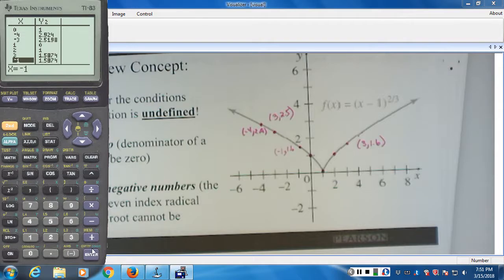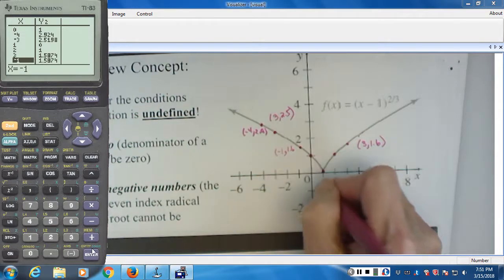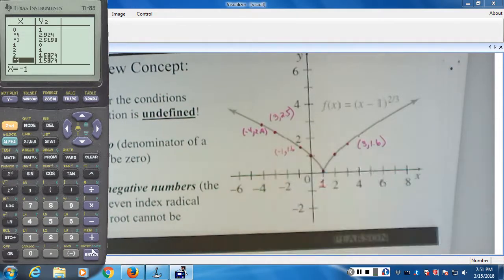What do we call what's happening when x is equal to 1? Is the function continuous? Yes. Is it a smooth curve? No, it came to a sharp point. Okay?